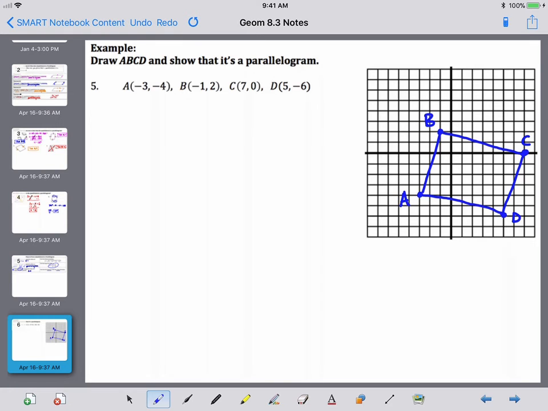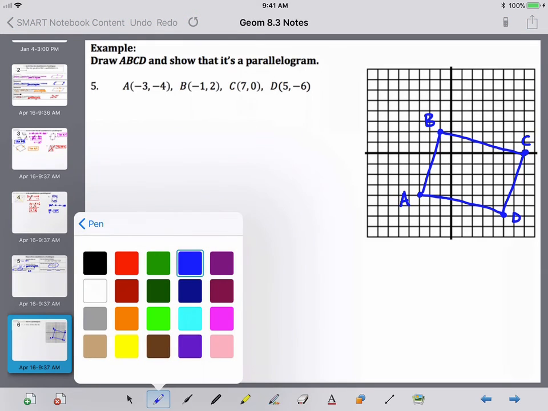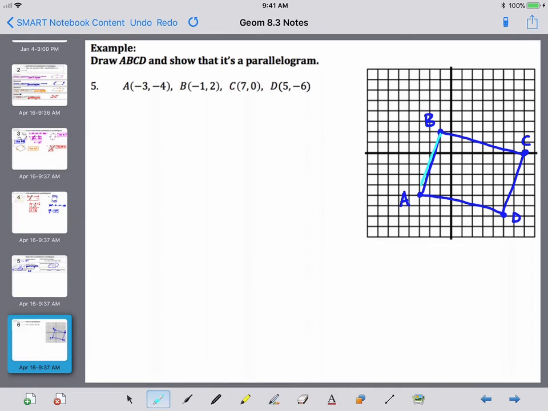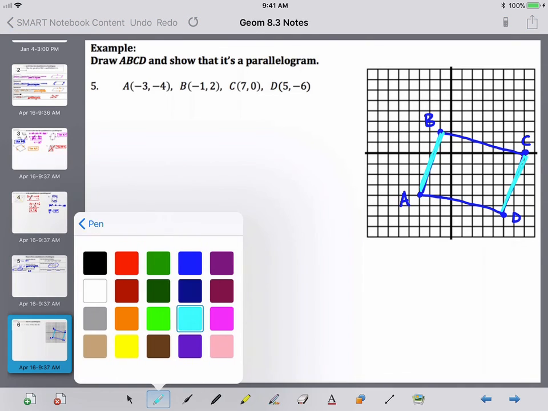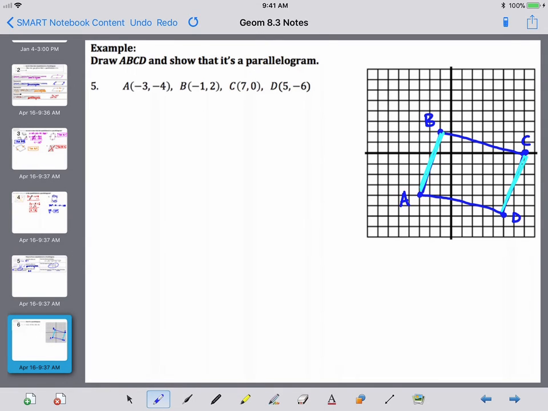So I'm just going to focus here on this side AB and this side CD. I'm going to try to show that they're the same length and they're parallel, because then I've used theorem 8.9 to show that this really is a parallelogram. All right, so first thing I'm going to do is figure out how long AB is.